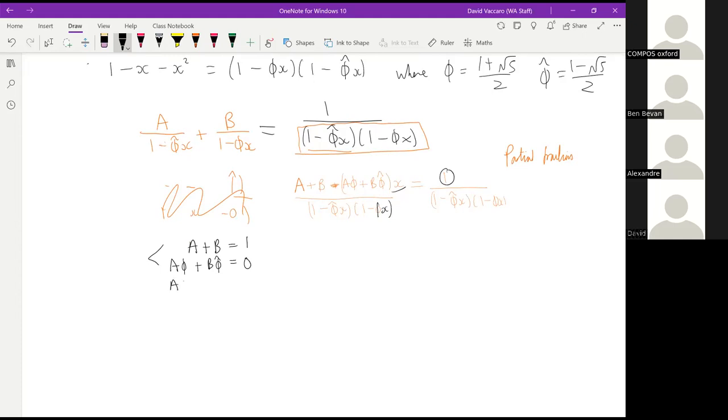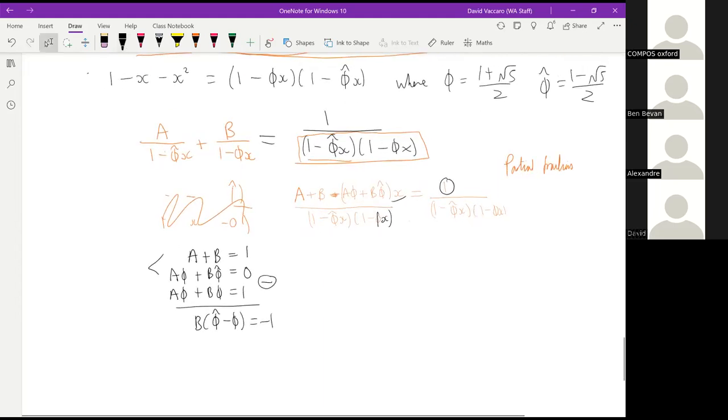If I subtract, I get B times phi hat minus phi is equal to minus 1. And if I do a similar cancellation, I get A times phi minus phi hat is equal to minus 1 as well.